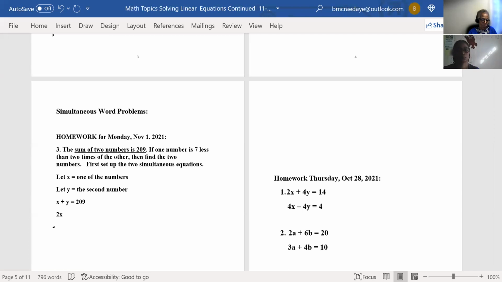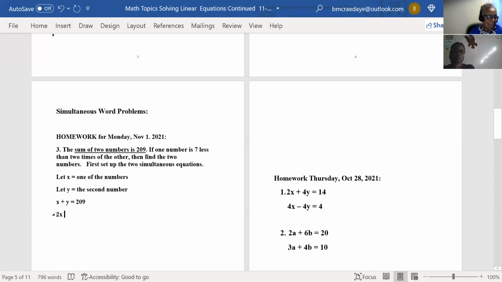So x plus y is 209. Well, we're saying one number is 7 less than 2 times the other.